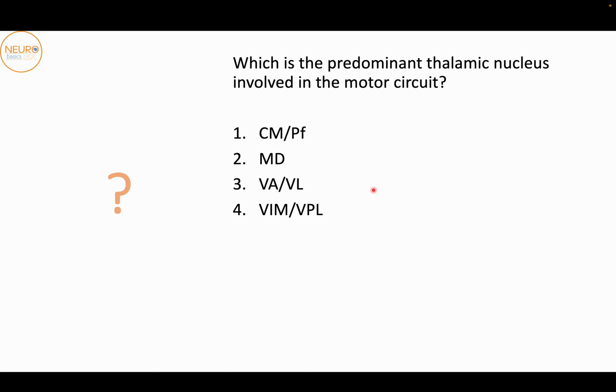Okay, so another question is, which is the predominant thalamic nucleus which is involved in the motor circuit? Is it the CM-PF? Is it the MD, which stands for the mediodorsal nucleus?